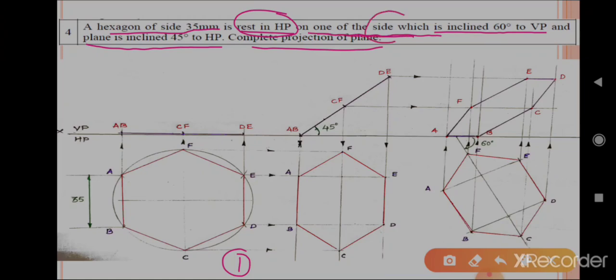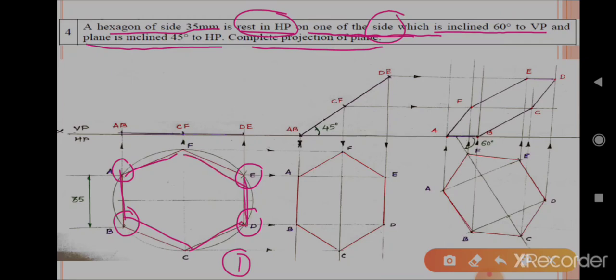So first position we are going to start in HP with one of the sides. It is resting on one of the sides, and in a hexagon we can take any one of the sides resting. So again we take one side, that is AB. From any one side we can draw the hexagon and complete it.